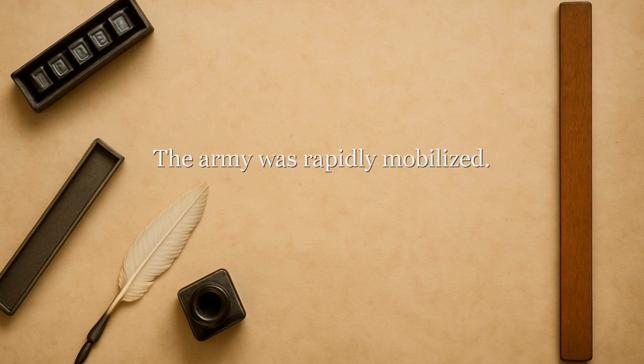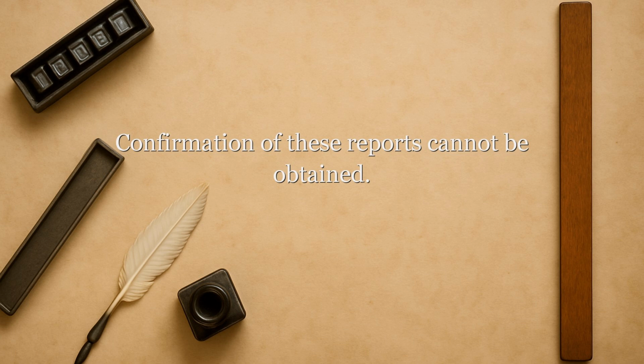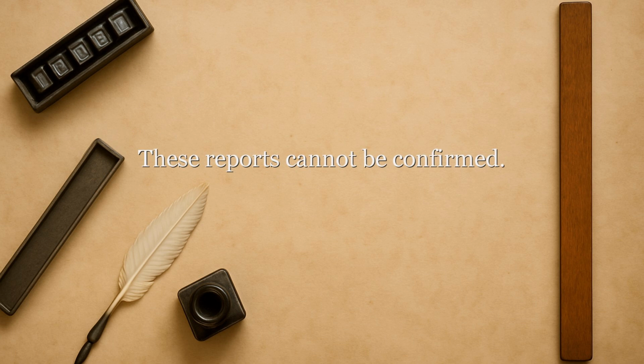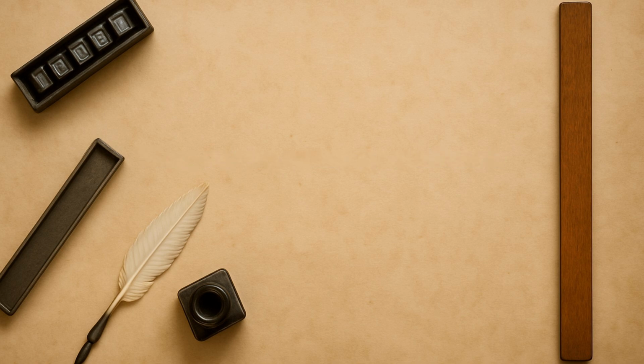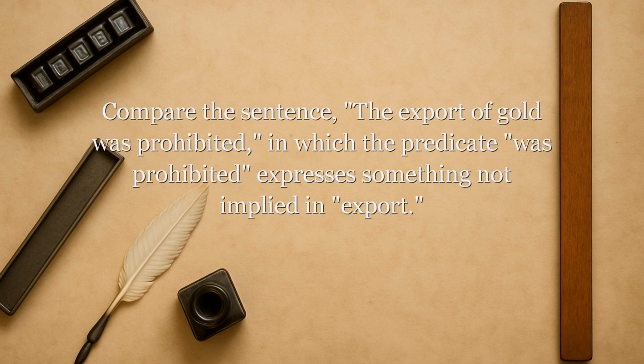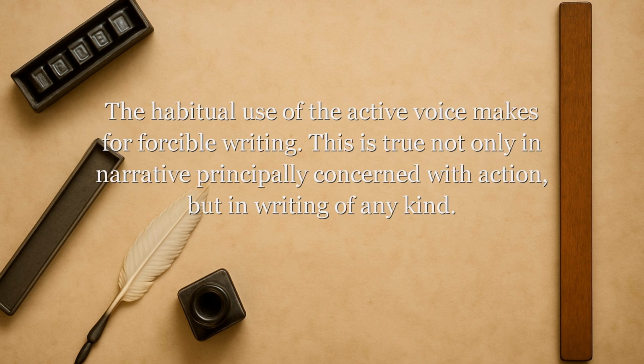"The Army was rapidly mobilized." "Confirmation of these reports cannot be obtained." "These reports cannot be confirmed." Compare the sentence, "The export of gold was prohibited," in which the predicate "was prohibited" expresses something not implied in "export." The habitual use of the active voice makes for forcible writing.